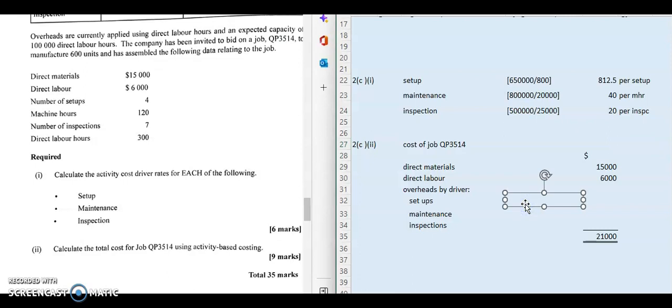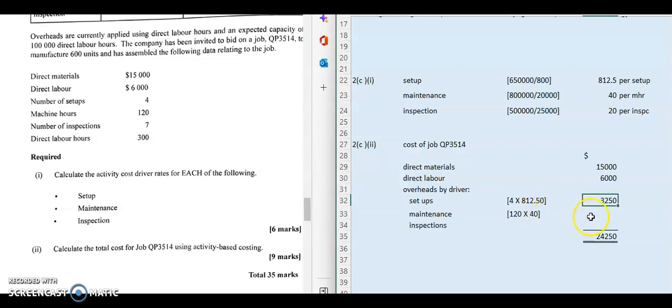For the setups, it says there were 4 setups, and the rate per setup is $812.50. So if I work that out, I get $3,250. Then the maintenance, there are 120 machine hours, and it's $40 per machine hour.